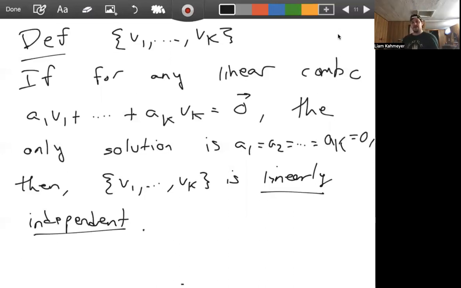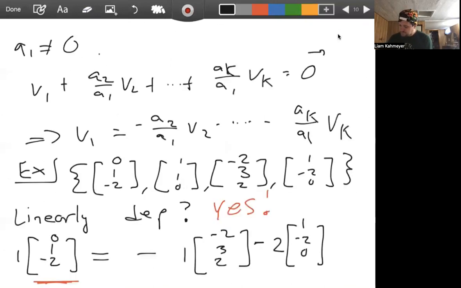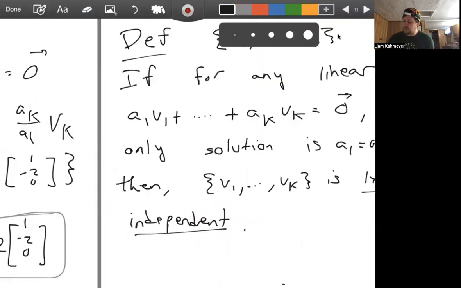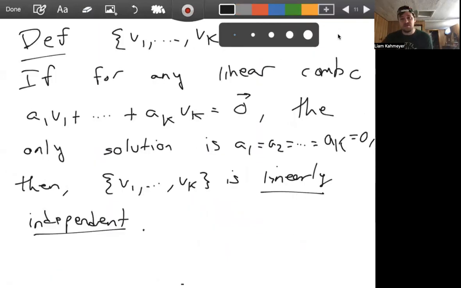Linear independence means all of these vectors are independent. None of them can be written as a linear combination of the others, right? For some intuition, in the equation at the bottom of this example, the vector (0, 1, -2) is dependent upon the vectors (-2, 3, 2) and (1, -2, 0). Here, that does not happen.